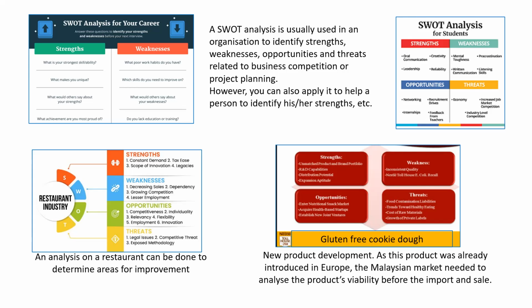After they did the SWOT analysis, they brought in a very small quantity to test it in the market. And good thing, it didn't really do very well. Can you think of any other ideas where SWOT can be used?